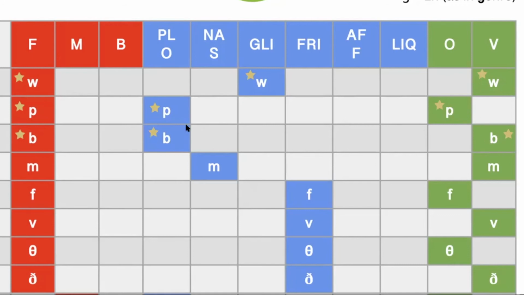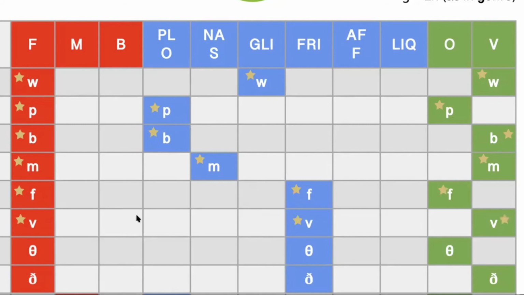Let's look at m. It's a front sound, it's a nasal, and it's voiced. F is a front sound, it's a fricative, and it's voiceless. V is a front sound, it's a fricative, and it's voiced.